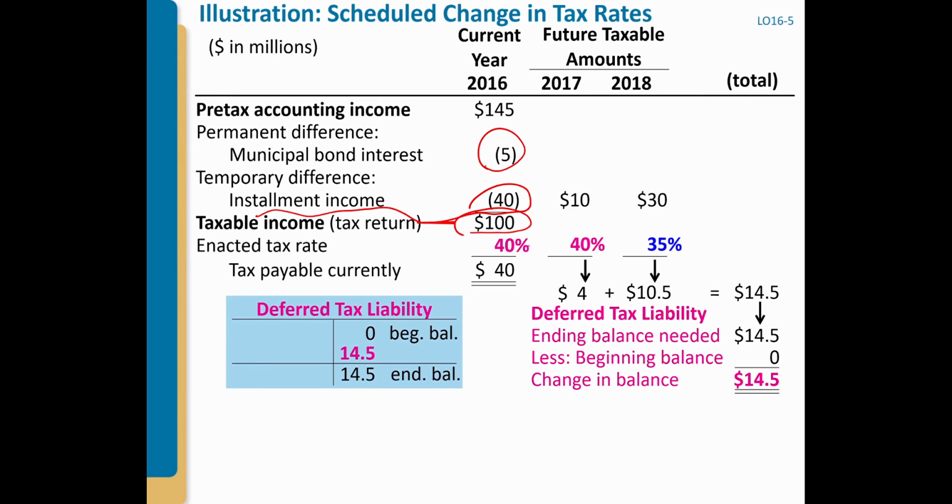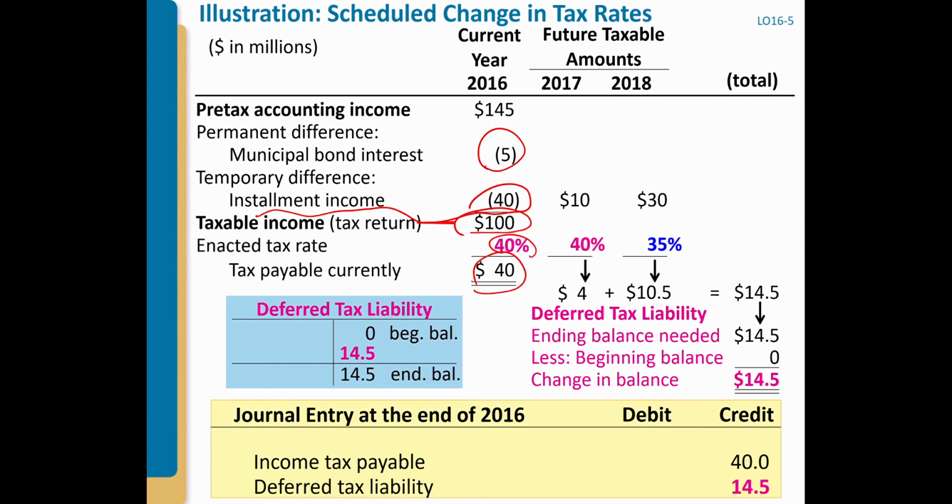So 100 times 40%, you get 40. 40 should be the income tax payable, which is a credit. Then you want to figure out the total future taxable amount. We already know the future taxable amounts are 10 and 30. In 2017, you're going to pay tax on 10. In 2018, you're going to pay tax on 30 million.